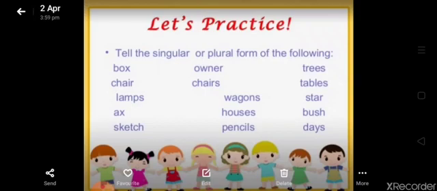Axe, axes, sketch, sketches, owner, owners, chair, chairs, wagon, wagons, houses, house, pencils, pencil, tree, trees, table, tables, star, stars, bush, bushes, days, day. So practice it.